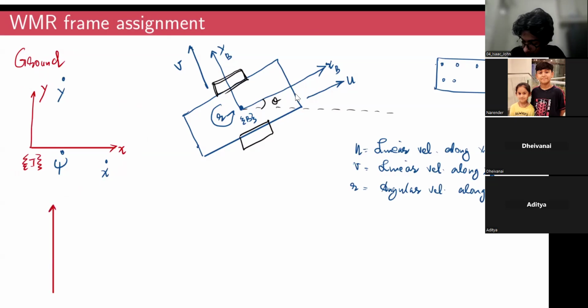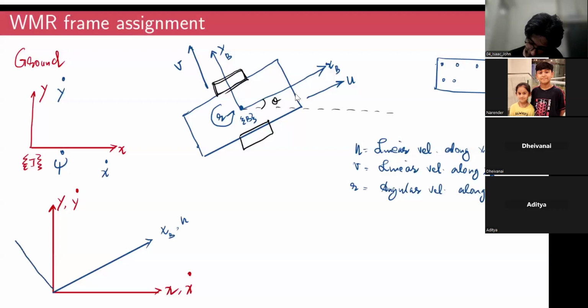So if I call this the y-axis and this the x-axis, with velocities y dot and x dot, and I superimpose the body fixed frame onto this, just for reference, this is the xb axis, the velocity is u, and perpendicular to the xb axis we have the yb axis, and the velocity is v.